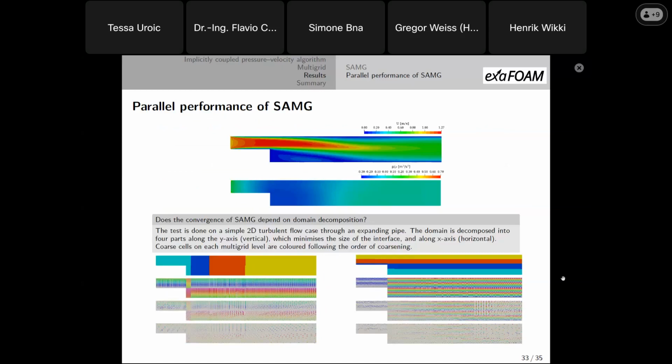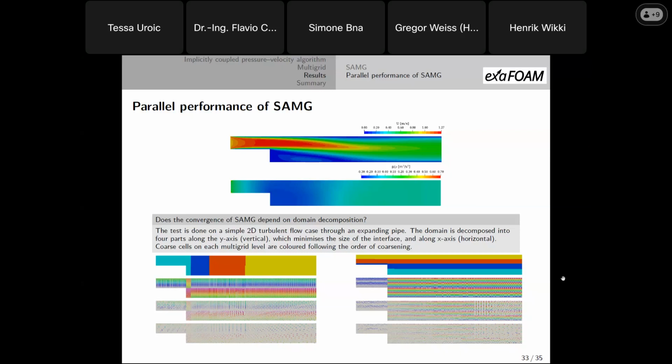Okay, and the thing that I'm concerned about, or I'm dealing with now, we have a few cases which in highly parallel computation will diverge. So SAMG will diverge, and we have been doing tests to see whether choosing a domain decomposition algorithm or method affects this performance.